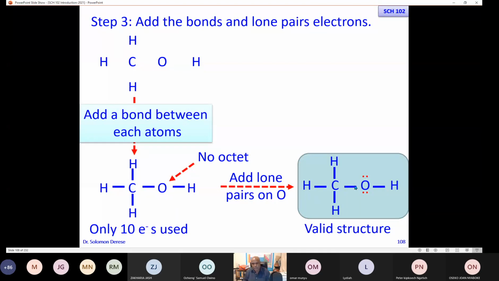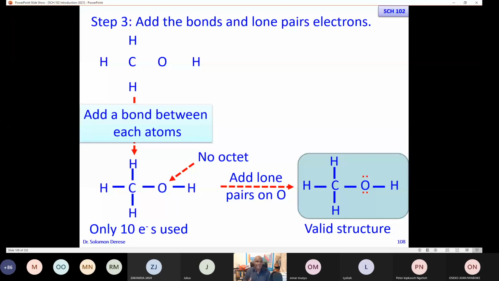On the carbon, 1, 2, 3, 4, 5, 6, 7, 8 electrons. And if you look at the electrons involved in this molecule, we have 5 single bonds, 5 times 2, 10 electrons, and then 2 lone pairs of electrons, bringing a total of 4, 10 plus 4, 14.